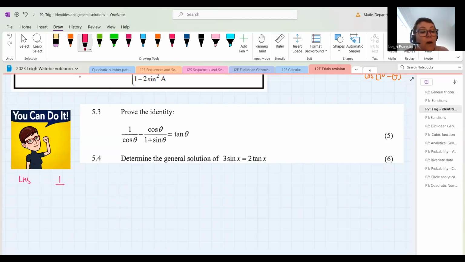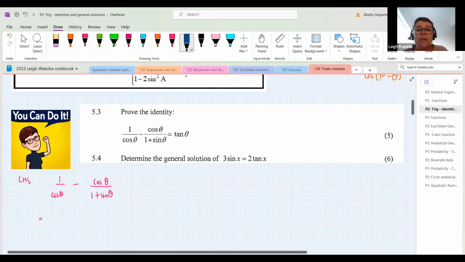So they give us 1 over cos theta minus, and then in the numerator, we've got cos theta over 1 plus sine theta. So essentially what we've got here are two fractions which we are subtracting. So let's think about what we would do when we had normal fractions, because the same rules apply.